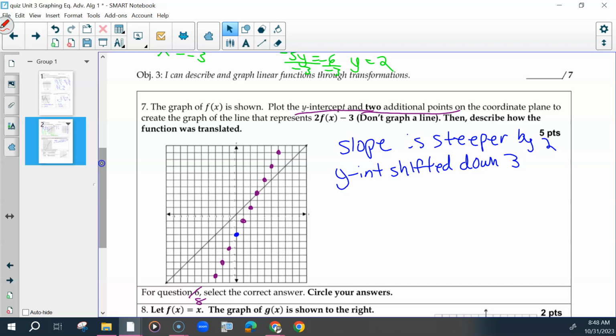All circles. You should have all of the circles, not just those.